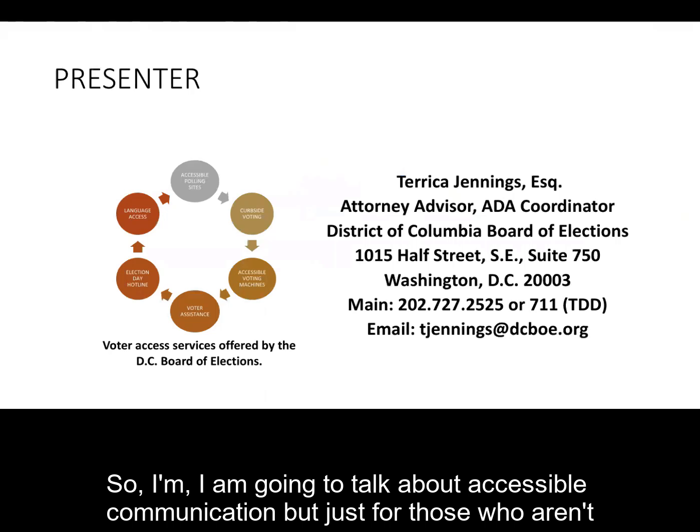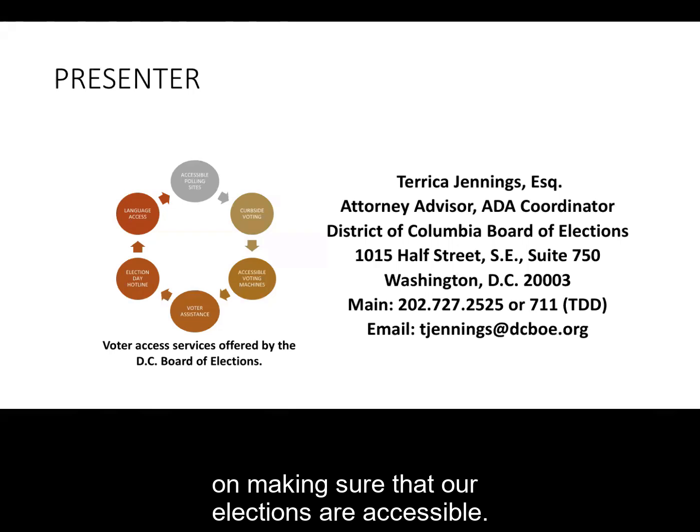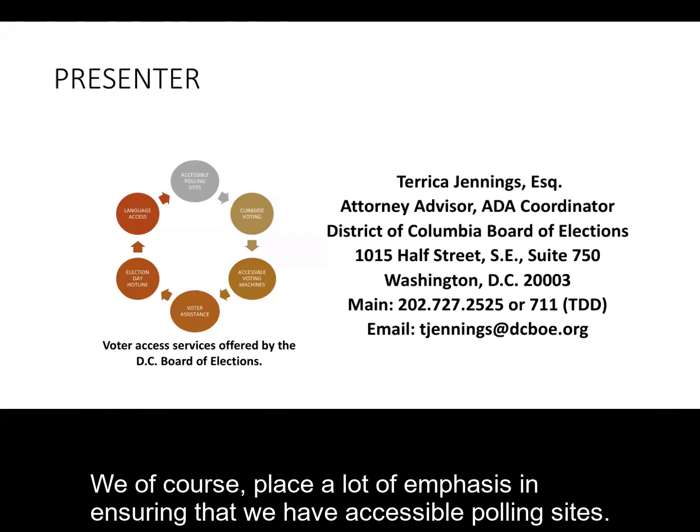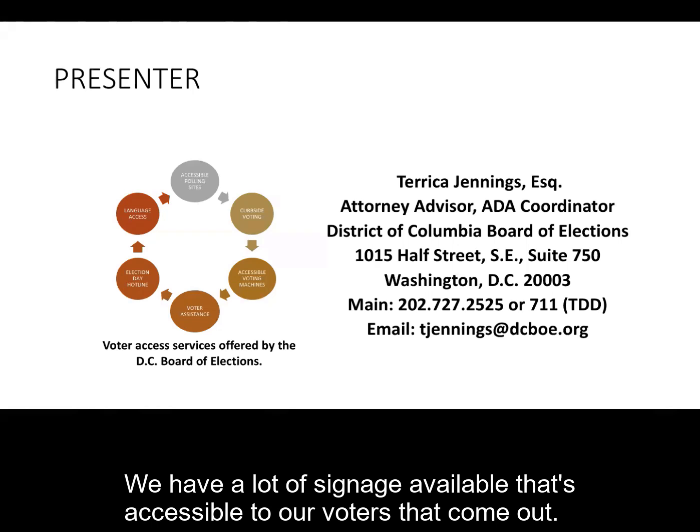So I am going to talk about accessible communication, but just for those of you who aren't familiar with the Board of Elections, we do place a lot of high value on making sure that our elections are accessible. We place a lot of emphasis on ensuring that we have accessible polling sites. We have a voter access team that goes out. We ensure that we have a lot of signage available that's accessible to our voters that come out.